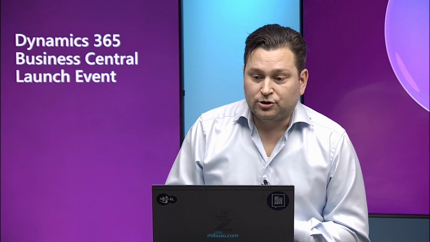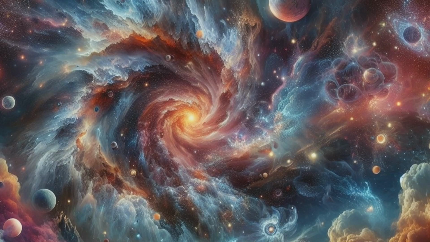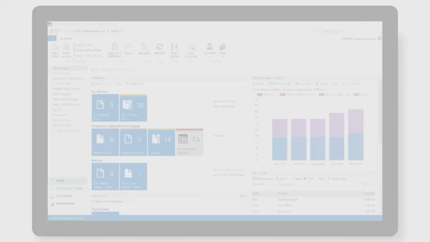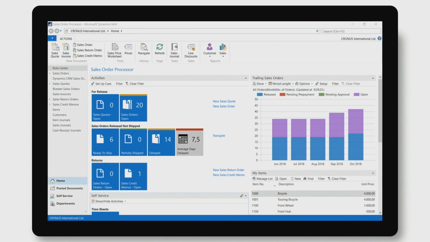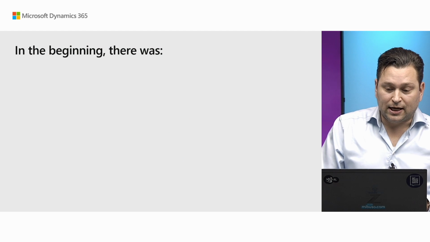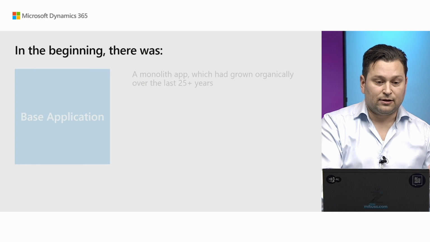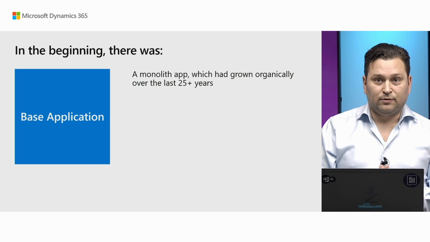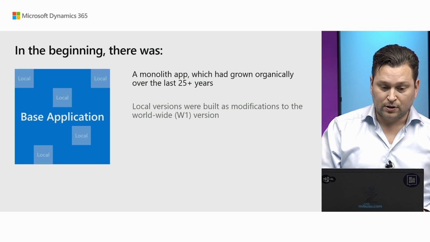So let's start with a small story, and for that we need to go all the way back to the beginning. Well, not all the way back to the Big Bang. No, dinosaurs is also a little bit too far back. Here we go. Some of you will remember this good old Dynamics NAV. If you go 7 years back in time, you would find something like this. There's a monolith application which has grown organically over the past 25 years.